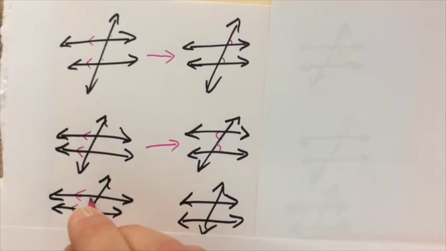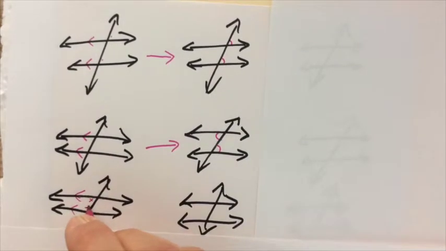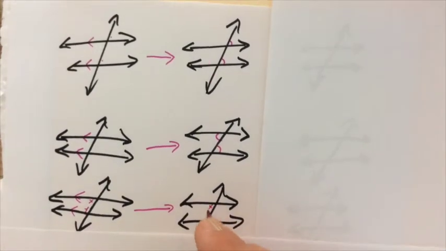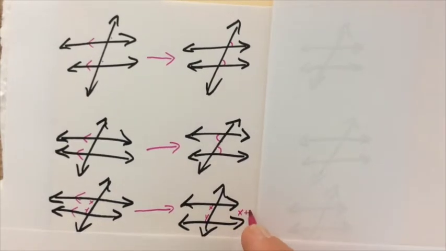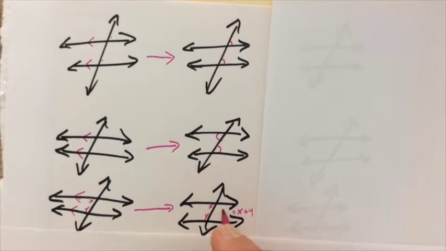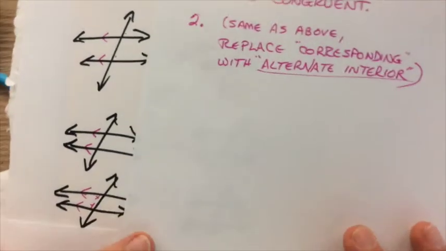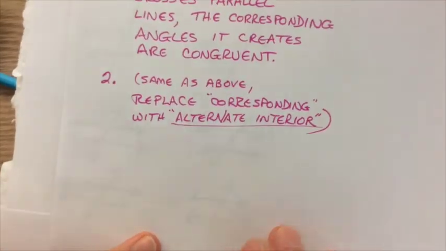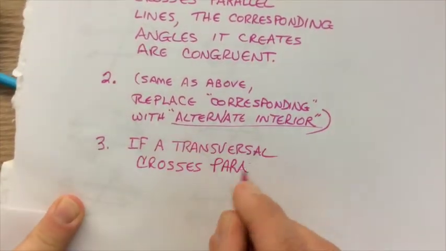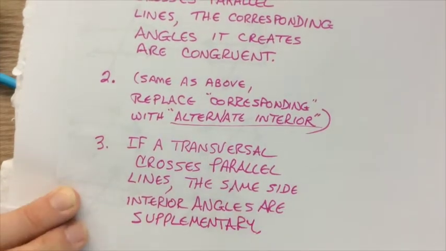So if this is x degrees and this is y degrees, x plus y equals 180 degrees. So, fact three. If a transversal crosses parallel lines, the same side interior angles are supplementary.